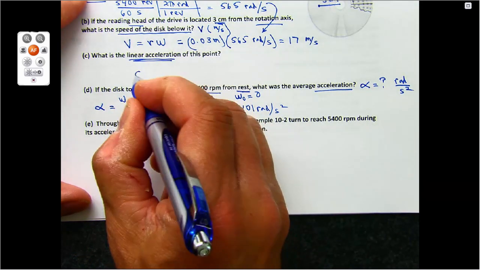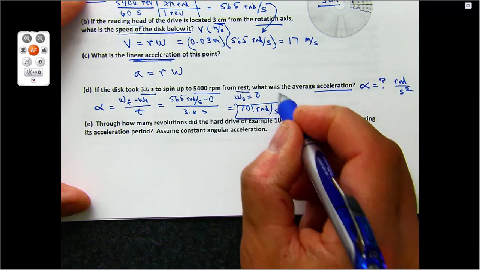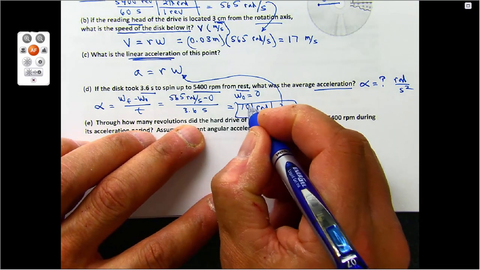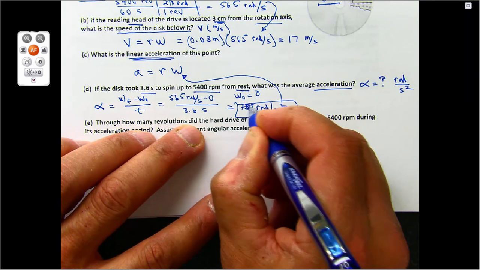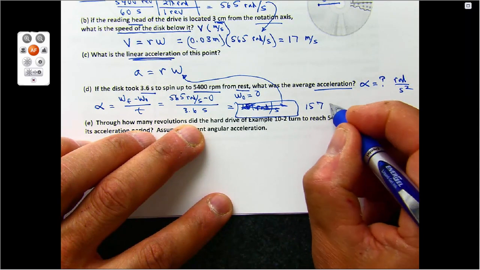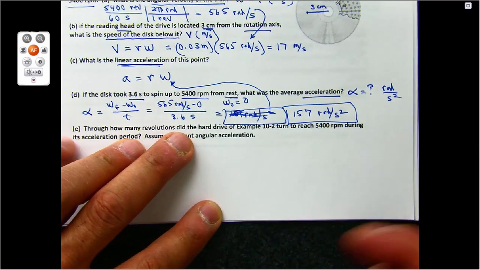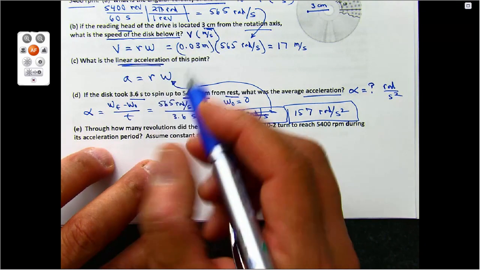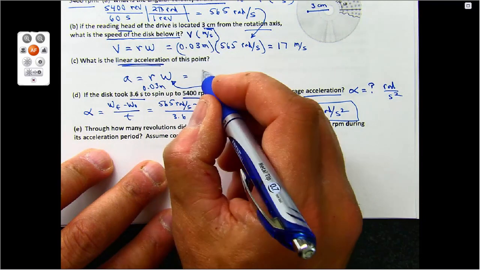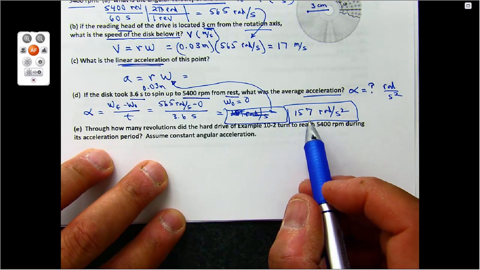And we already have that up above at 565. The linear acceleration. So 156? Sorry, so 157? 157. The linear acceleration. Then if we take 0.03 times our 157, what do we get?